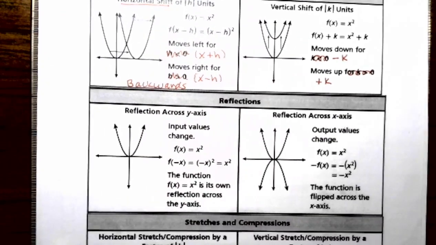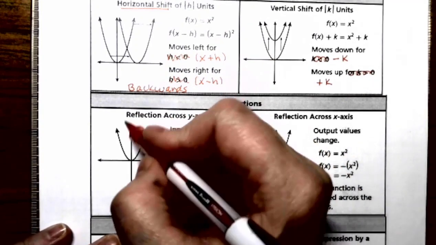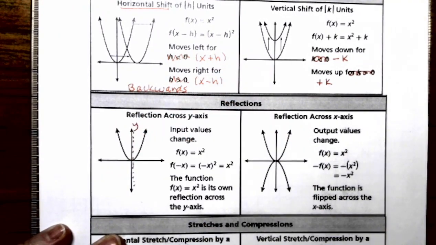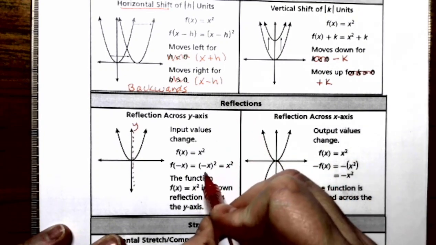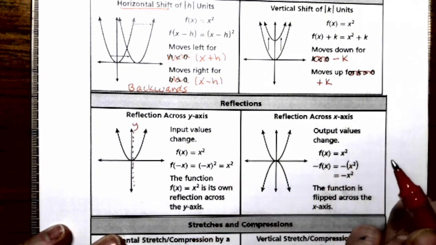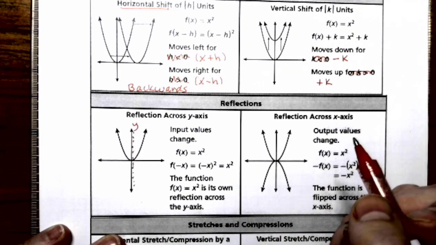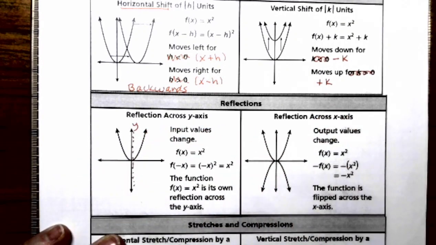Okay, now reflections. For reflection across the y-axis, so this is your y-axis, the reflection across the y-axis will add a negative into the graph. But since that gets squared, it doesn't actually change the shape of the graph because it's already symmetrical. So the curve just flips right over.